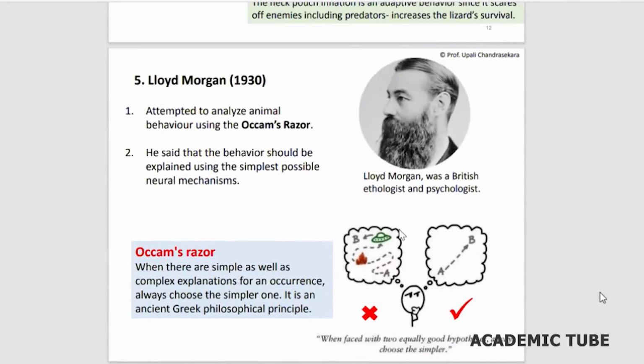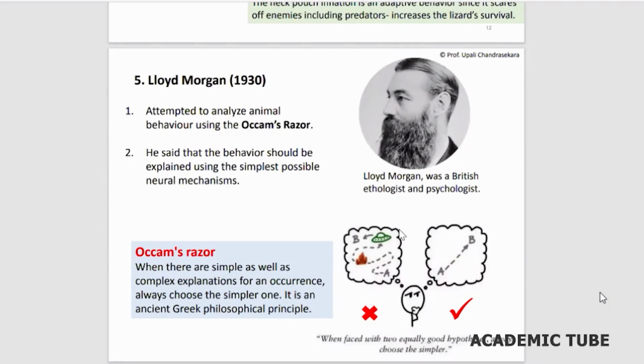He was also a psychologist, right? Now, he explained the behavior in natural terms. Until Morgan's time or until Darwin's time, people have been attempting to interpret the behavioral patterns of other animals according to how we feel.